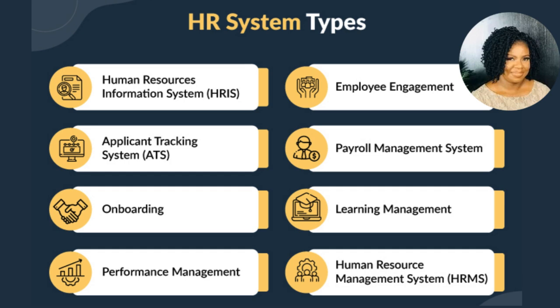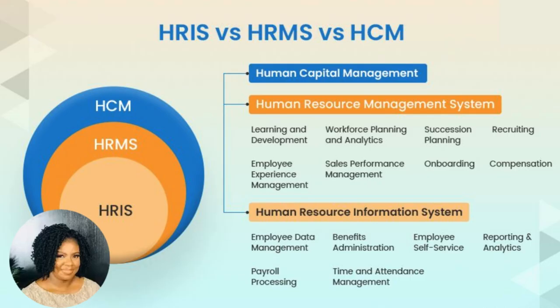And lastly, in this class, we're going to be looking at HRS versus HRMS versus HCM. Like I mentioned, your human capital management is a composition of both your human resource management system and your human resource information system.